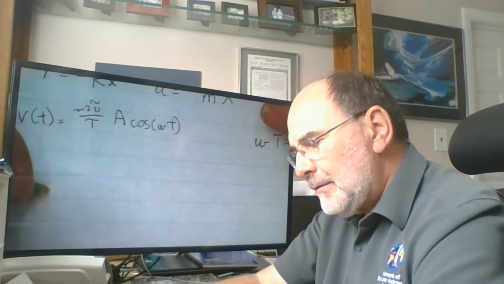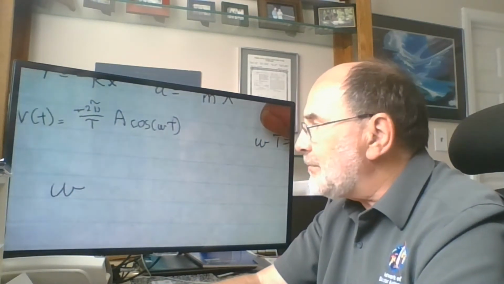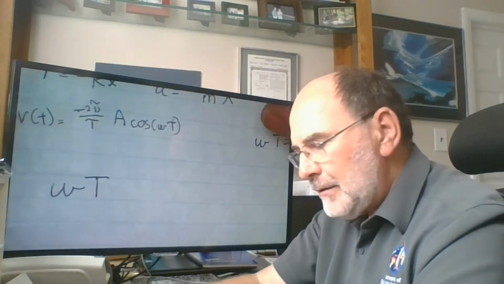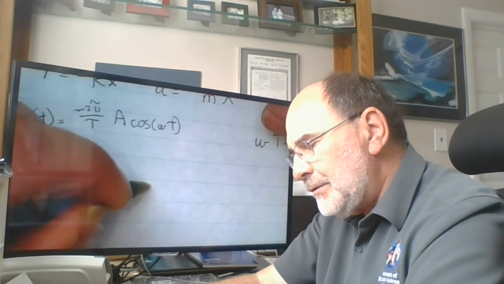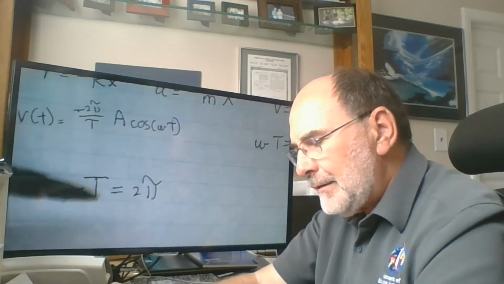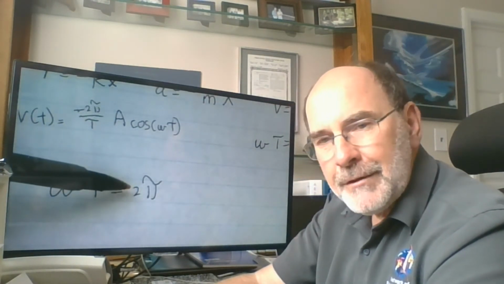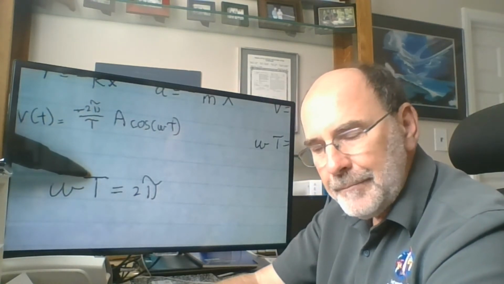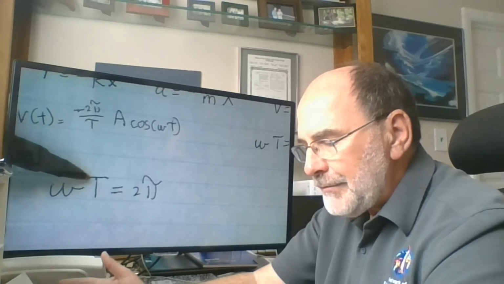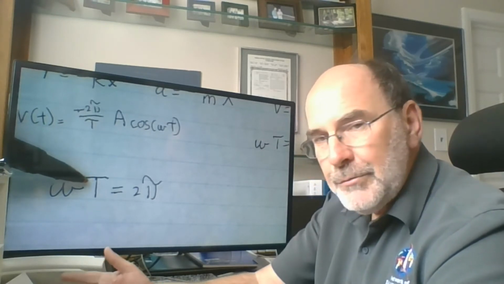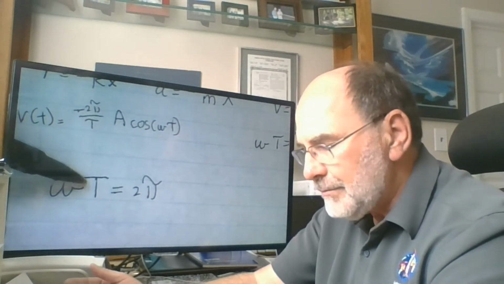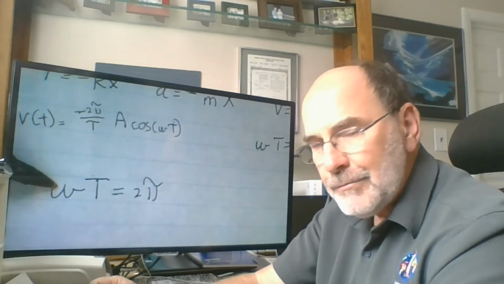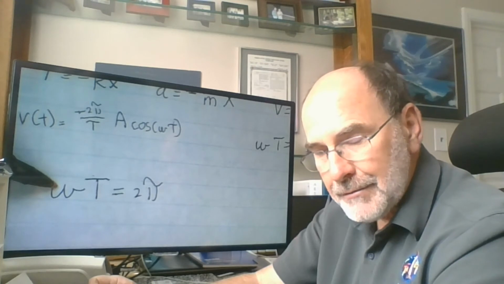So when the angular frequency times the period is equal to 2 pi, that means you've gone through one complete cycle in this amount of time. So, for example, if the period were 2 seconds, then the angular frequency would be pi radians per second.